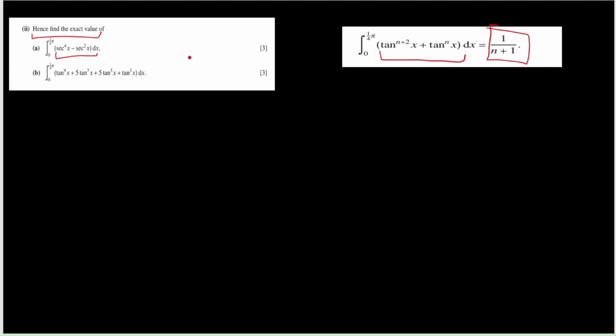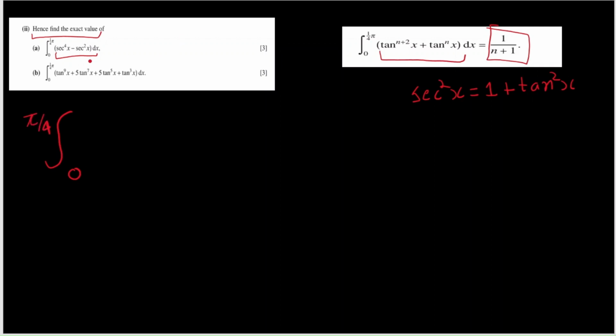So we know that sec square x is equal to 1 plus tan square x. We know that already. So I'm going to simply write the integral from 0 to pi by 4.